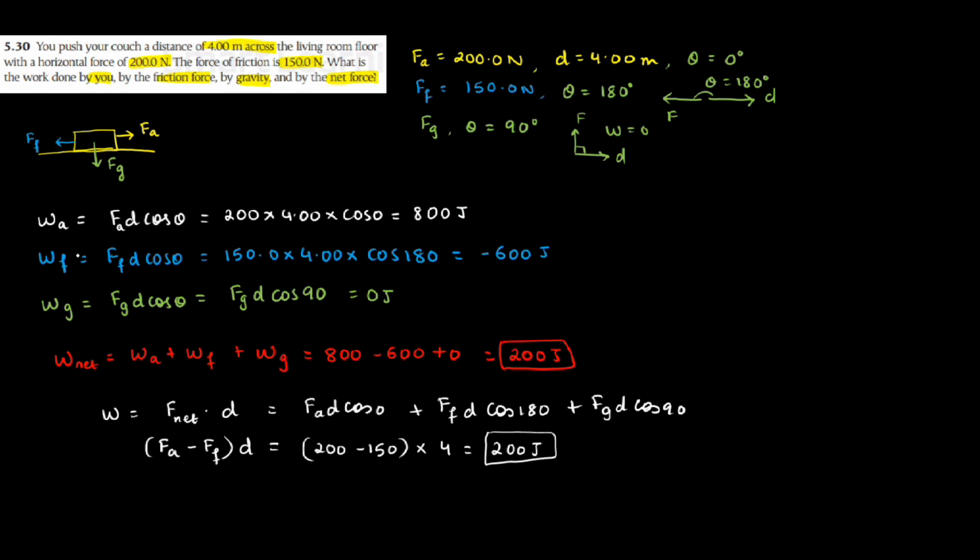You can calculate work done by individual forces and add them, or you can use the rule for net force to find the work done. When you're using the rule for net force, solve the x-axis and y-axis separately. Generally, for forces along the axis perpendicular to the displacement, work done will be 0. Like for gravity, work done by gravity here is 0 since the couch is not moving along the y-axis.